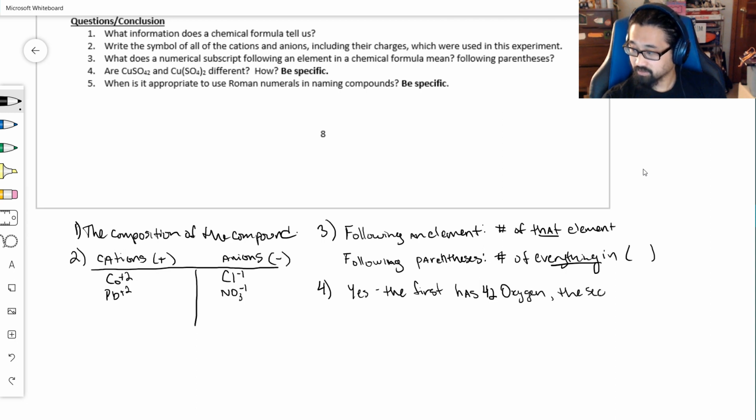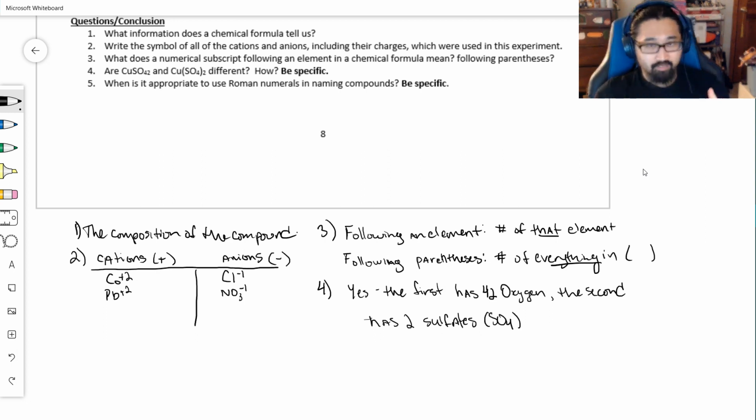The second has 2 sulfates, or 2 SO4s. Right. So that's how those are different, and they're going to be very different compositions. It's going to look different if you try to put them together. Also, you really can't have 42 oxygens in the same compound. It's really not going to work.